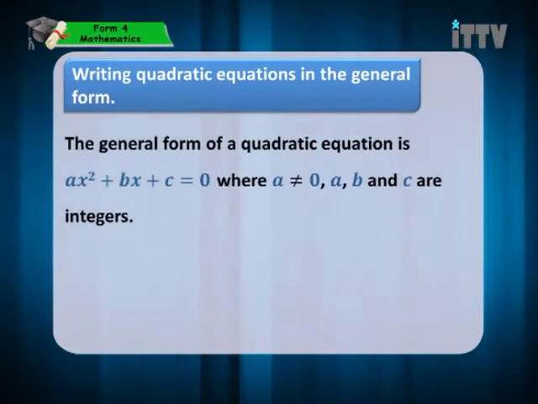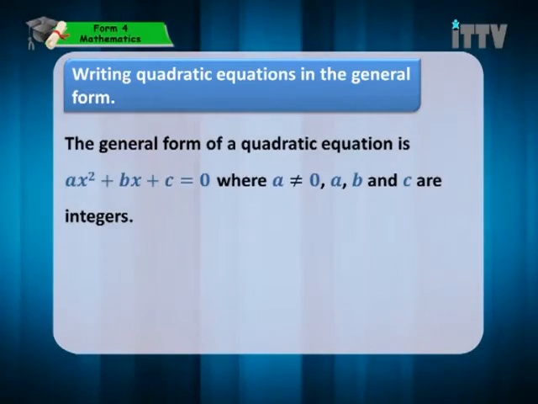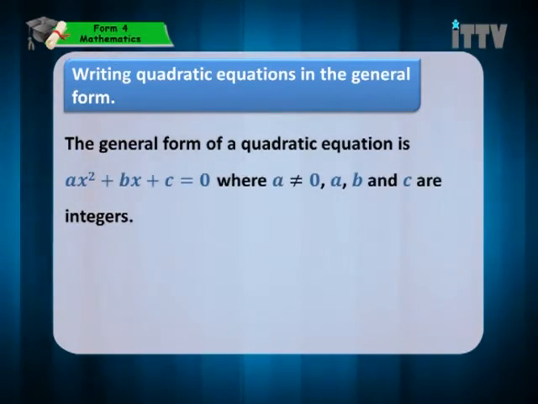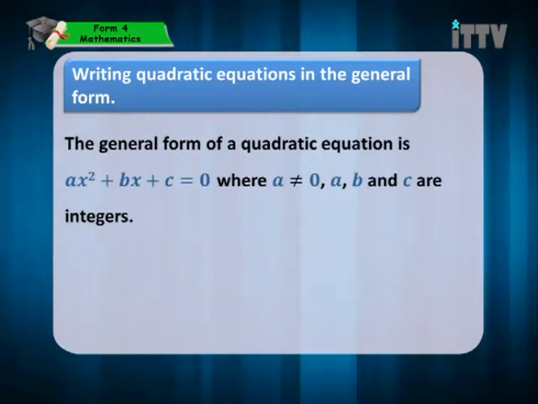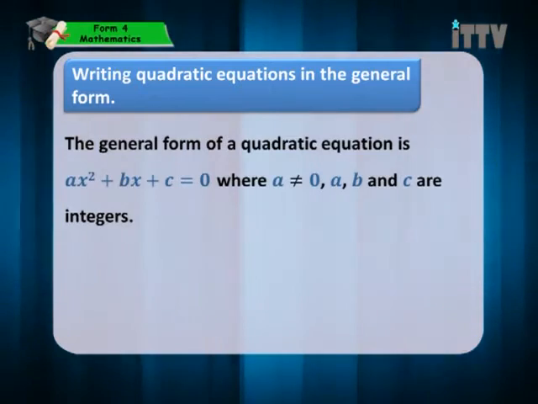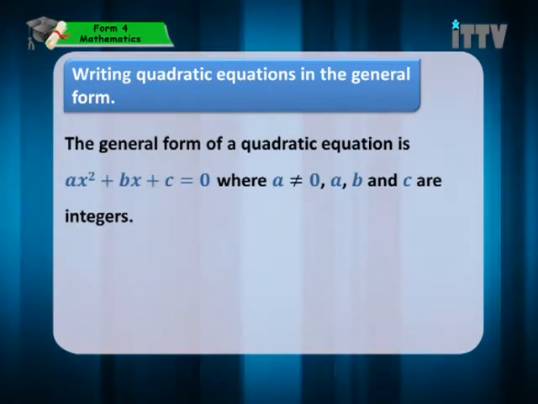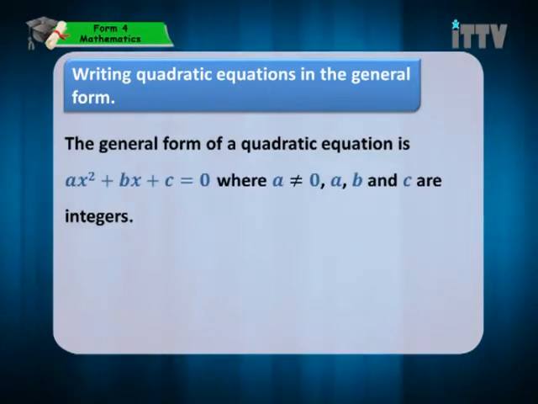Writing quadratic equations in the general form. The general form of a quadratic equation is ax squared plus bx plus c equals to 0, where a is not 0 and a, b, and c are integers.